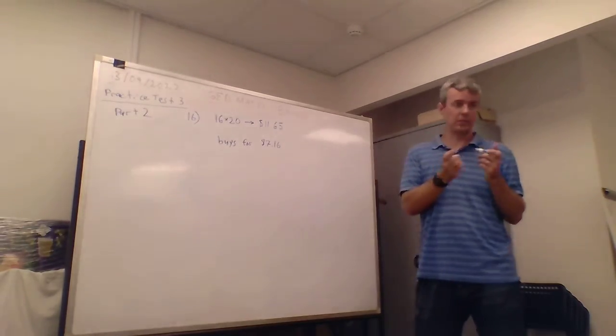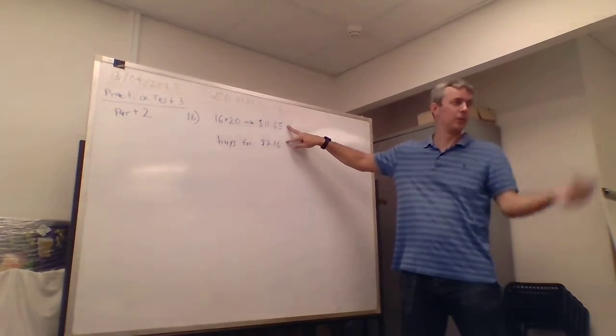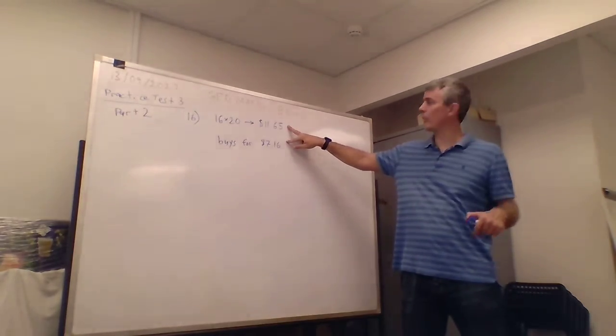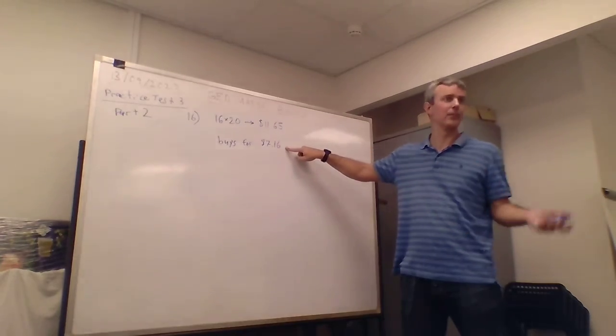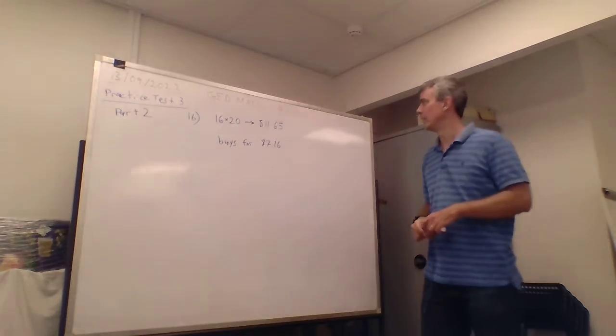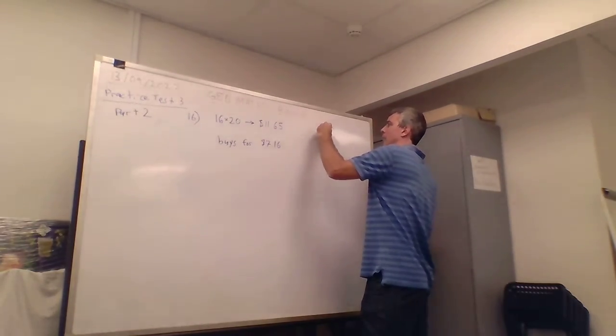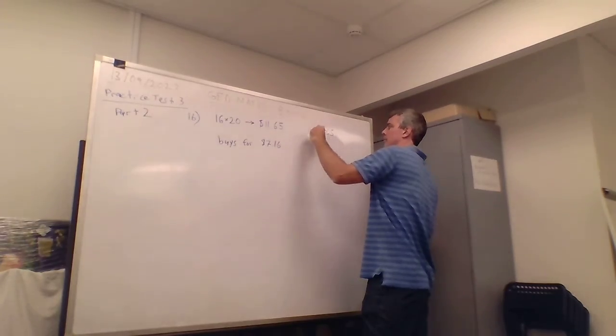There are 2 ways we can do this. One way, we find the profit on one and multiply it by 8. The other way is we multiply each of these by 8 and find the difference, her total sale and her total cost. I'll do the profit way first. So we do 11.65 minus 7.16.